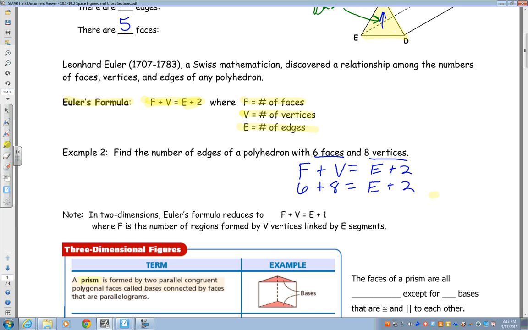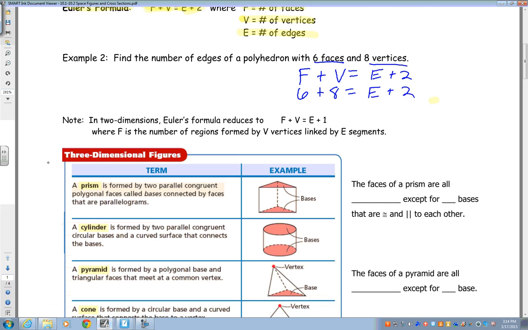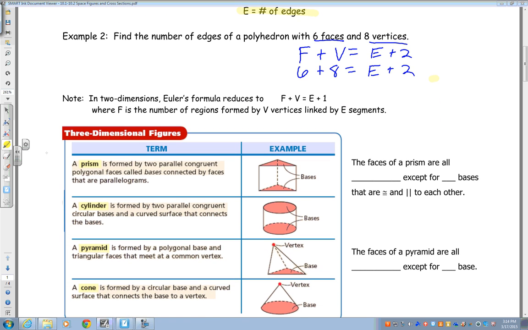So what would e have to be? Are we okay on that? So you could figure out the edge. Now, this relationship also works with two-dimensional shapes. You can reduce it to f plus v equals e plus 1 when it's only a two-dimensional shape.